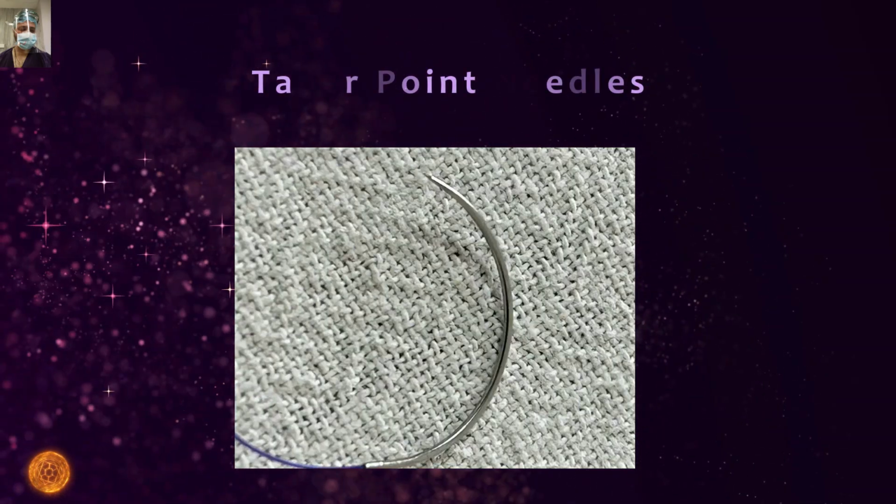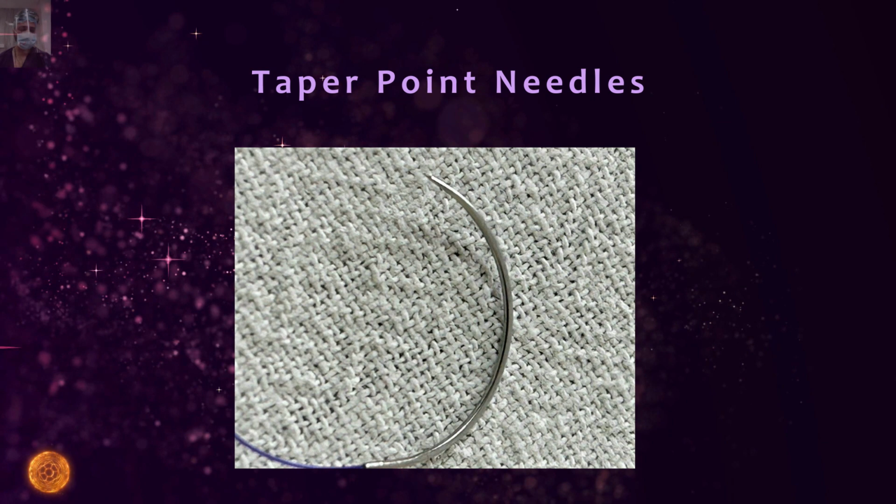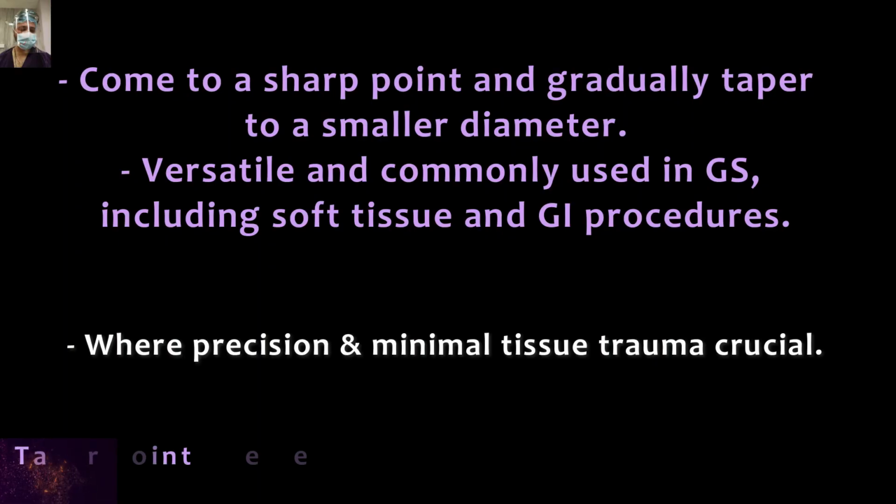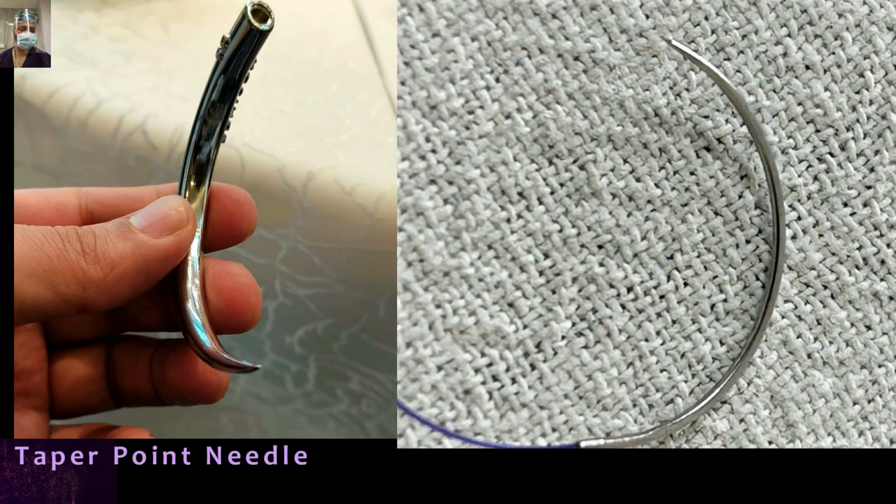Next, taper point needles. These needles have a sharp point, and as I said, all these needles have a round body, so the round body gradually tapers to a sharp point. These are very versatile and commonly used needles in general surgery, including soft tissue and GI procedures.